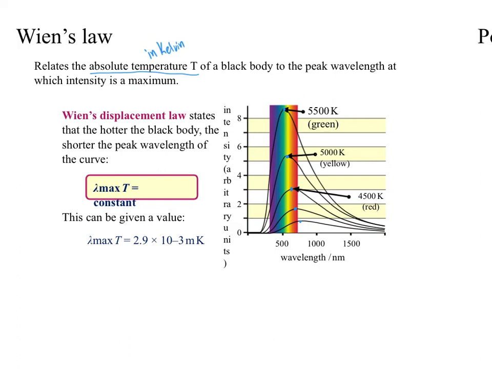Basically, Wien's displacement law states that the hotter the body, the shorter the peak wavelength of the curve will be. In other words, lambda max times the temperature is equal to a constant. Or otherwise, temperature is equal to constant divided by the maximum wavelength.